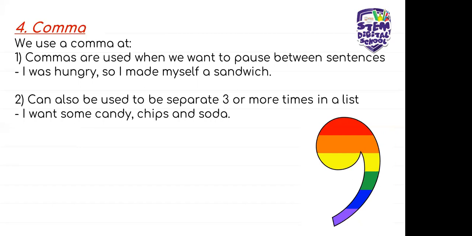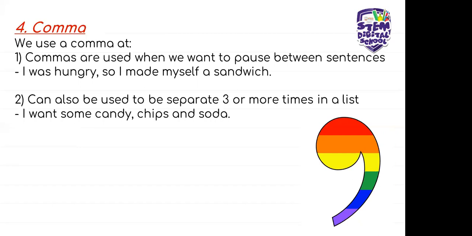The next one is you can also use a comma to separate three or more things. So I want some candy, comma, chips and soda. Remember, you don't put a comma before and. So we're not going to put a comma after chips.